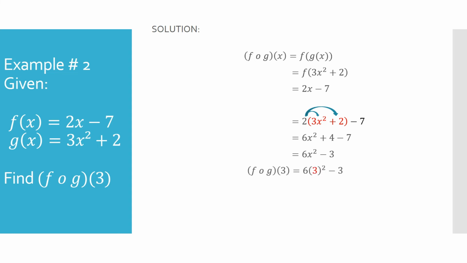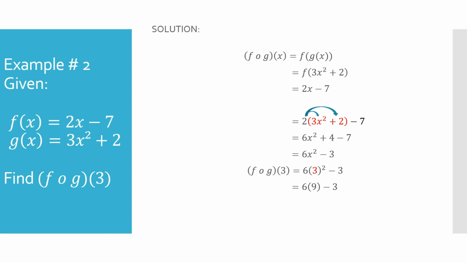So we have f composed of g of 3 equals, we will just substitute x with 3. So we have 6 times 3 and then copy the exponent 2 and then copy minus 3. Next, simplify. So we have 6 times 9.